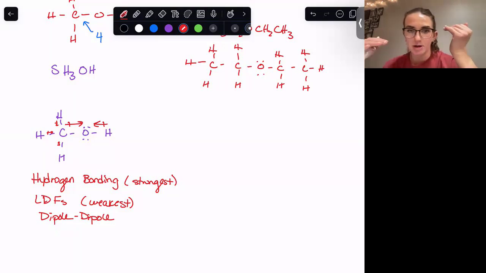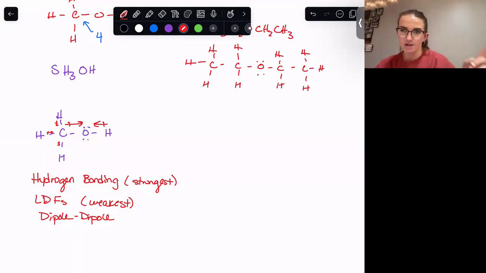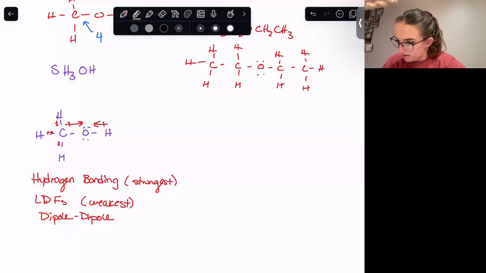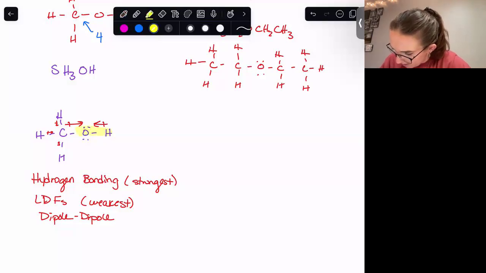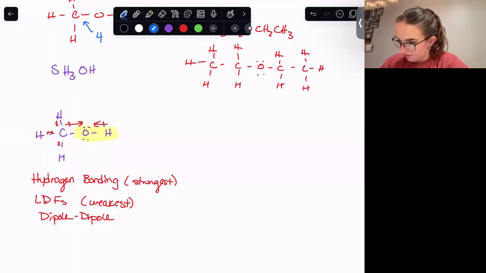So if you have a hydrogen bond, you do have a dipole-dipole bond, but not all dipole-dipole bonds are hydrogen bonds. So you can have dipole-dipole without hydrogen, but you can't have hydrogen without dipole-dipole. The hydrogen bond is going to be here, this OH, because what is our criteria for hydrogen bonding?